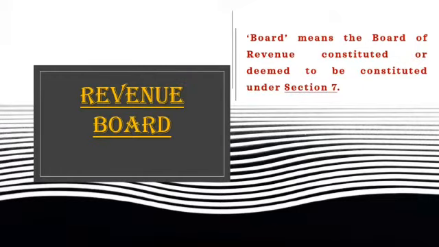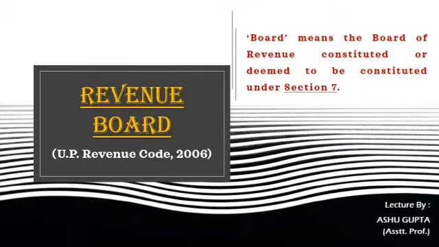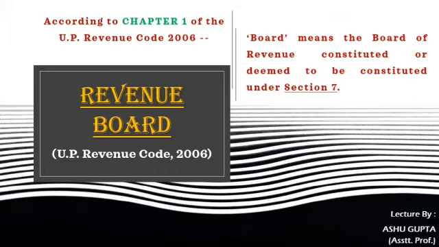Now you may see the PPT. Firstly, let's memorize the previous lecture in short. The meaning of the Revenue Board is contained in section 4 subclause 6 in chapter 1 of that code.